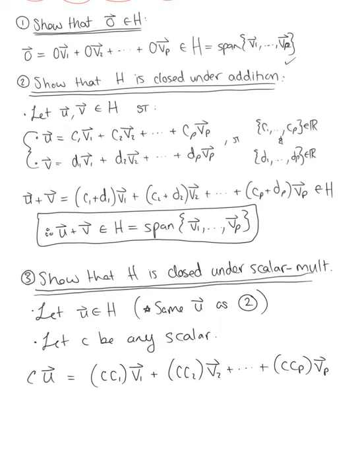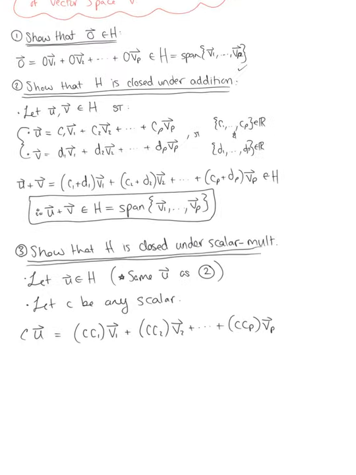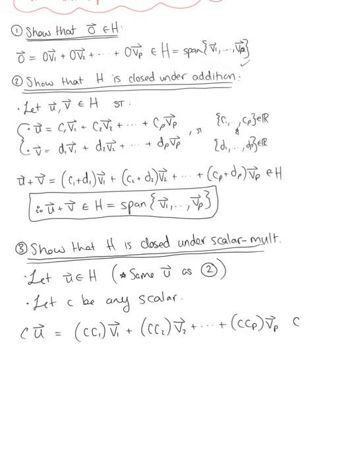Since we have attained a linear combination here, we know that it's going to be an element of the span. So we can say, therefore, scalar c times vector u is an element of H, which is the span of all of these vectors.